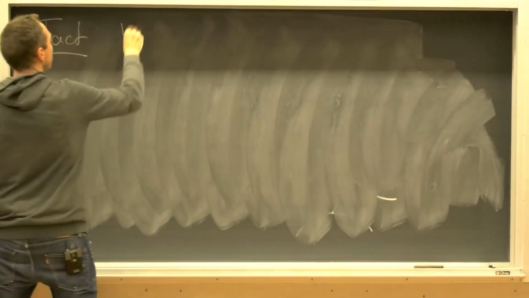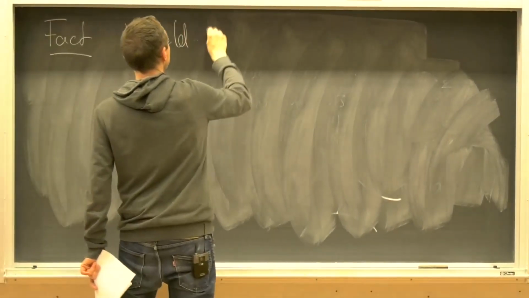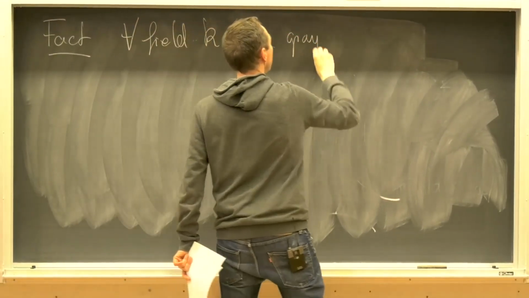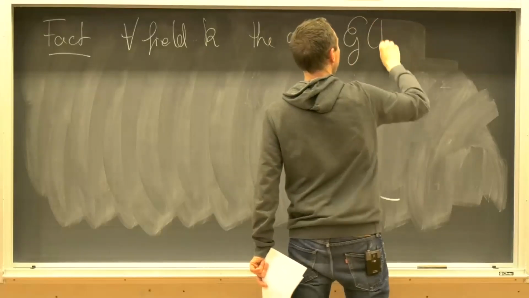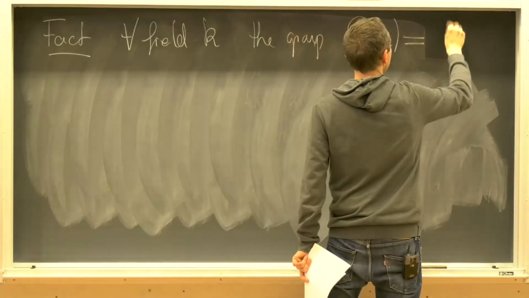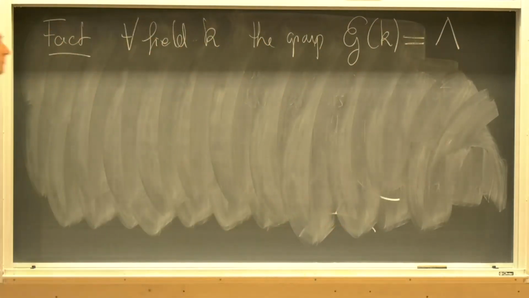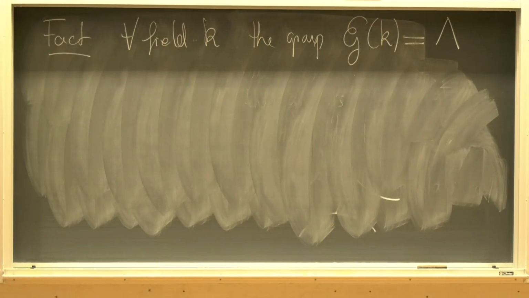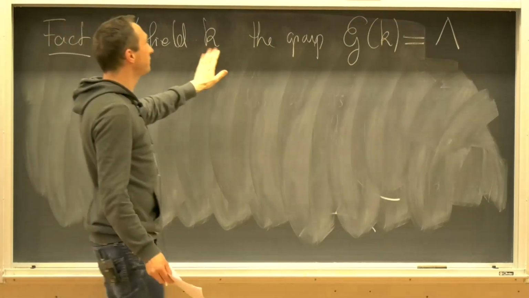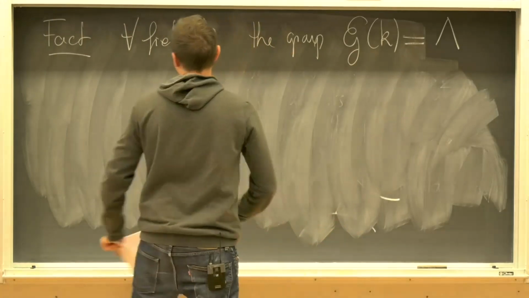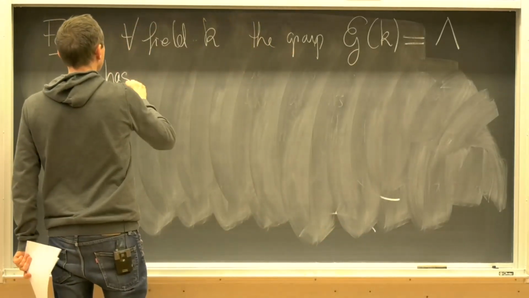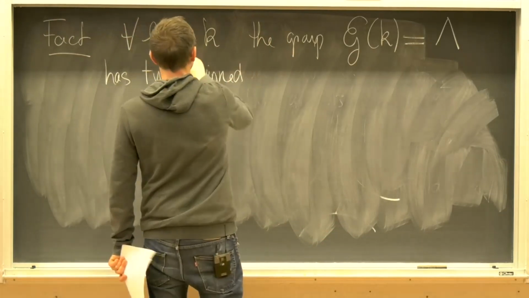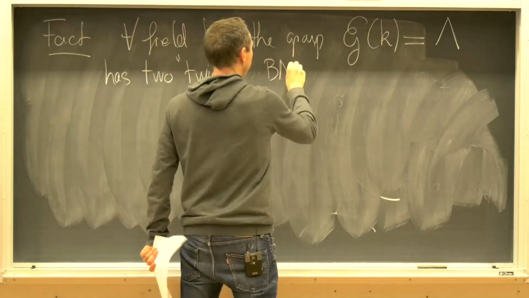For any field K, the group G of K, which I will call lambda, because K will soon be a finite field and I want to see G as a discrete group. So for any field K, the group G has two twinned BN pairs.